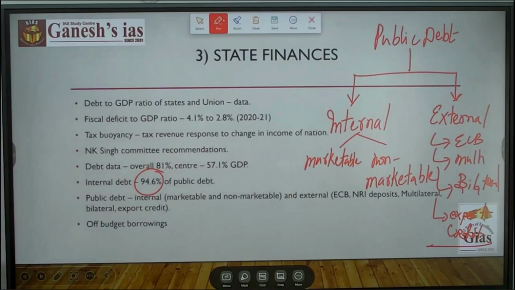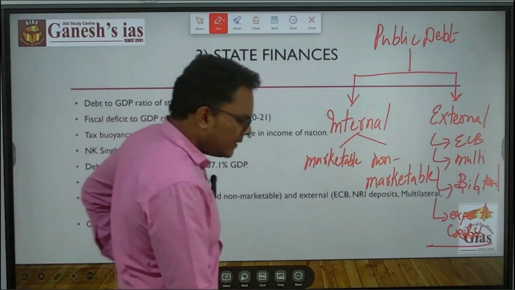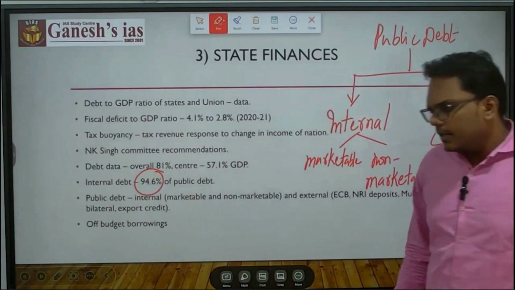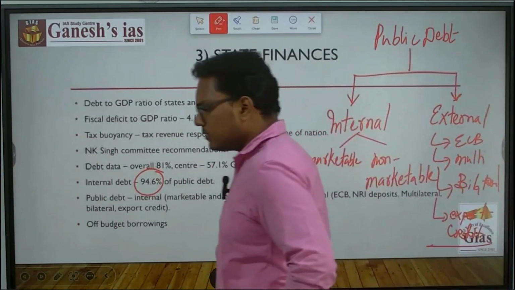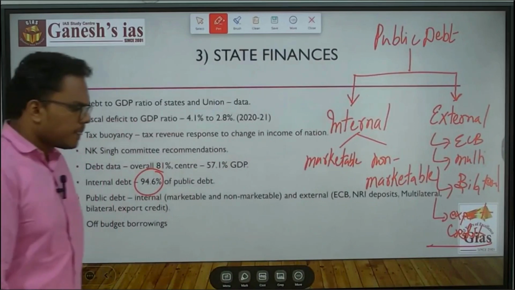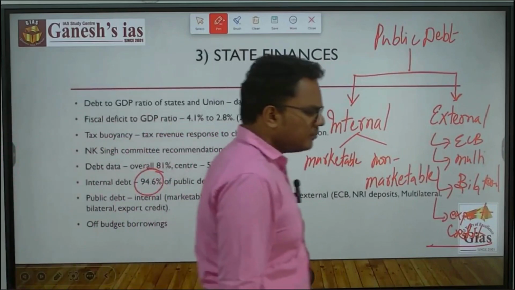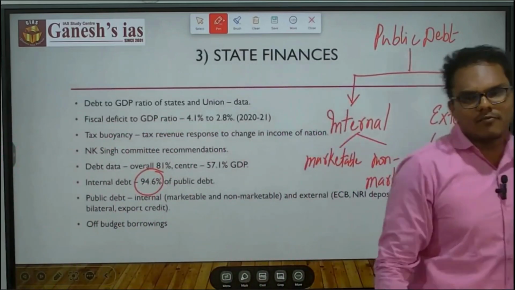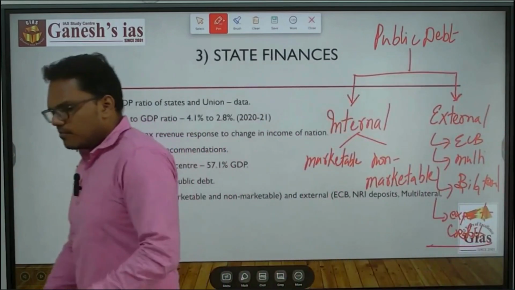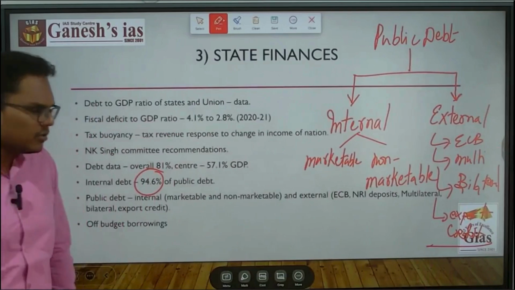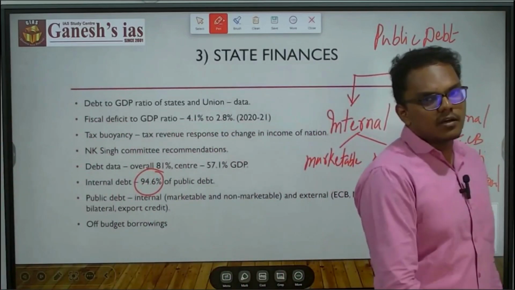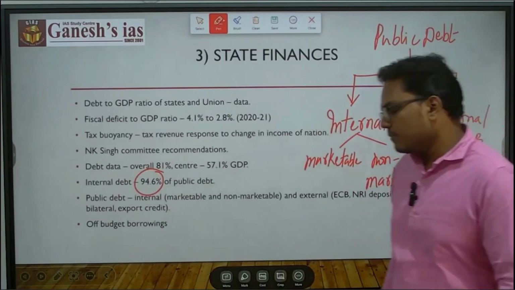asked a question on external debt where it said that a majority of the external debt is sovereign debt, which means, assume you have $100 billion of external debt. A majority means more than 50% of the debt is from government, whereas the rest is from the private sector. That's what the statement said.